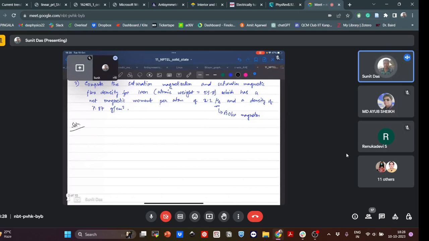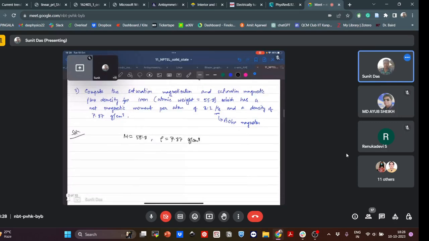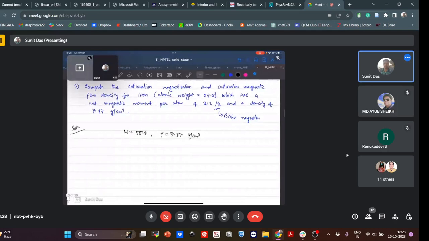So the given atomic weight is 55.8 and the density rho is 7.87 gram per cm cube. These are the information.